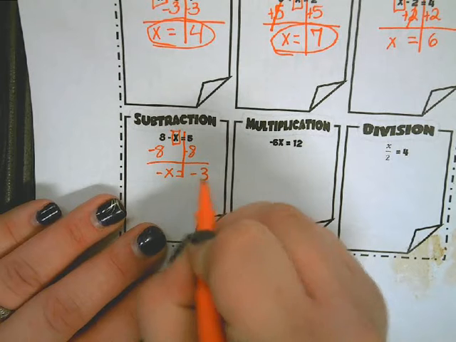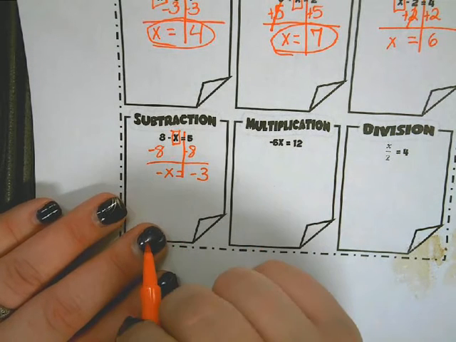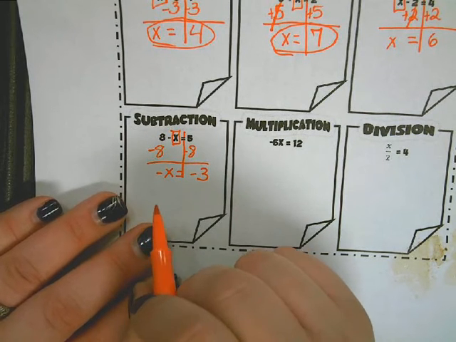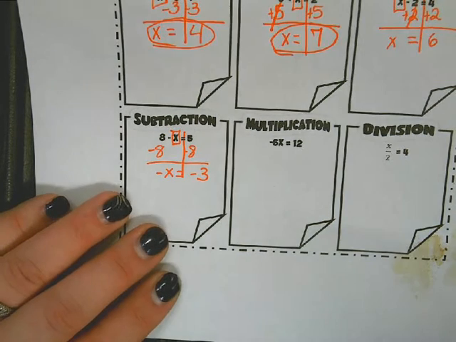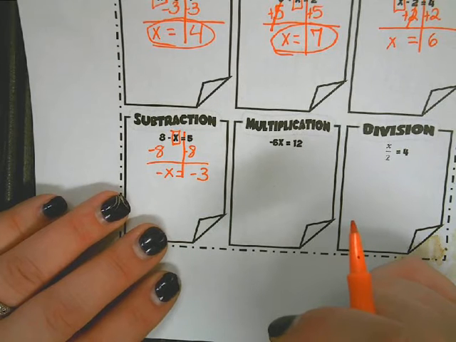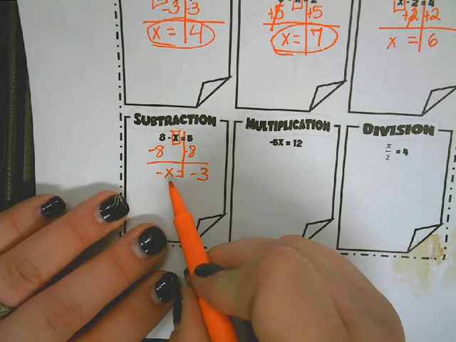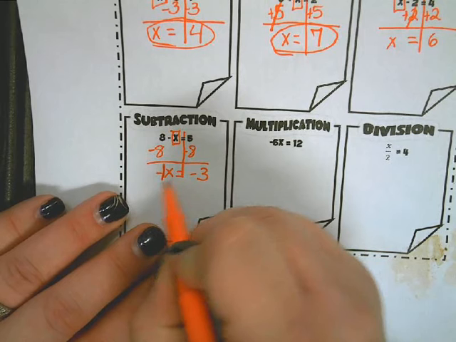So when there's no number in front of my letter, what is it? Not what sign is it? What number is it when there's no number there? How many x's do I have? 1. So there's always a 1 in front of there. So imagine this is a negative 1.